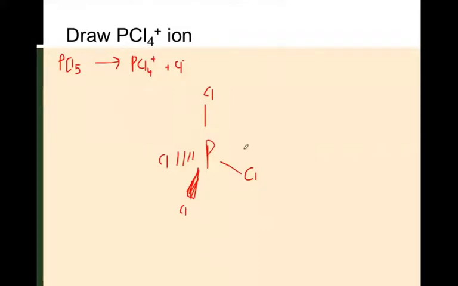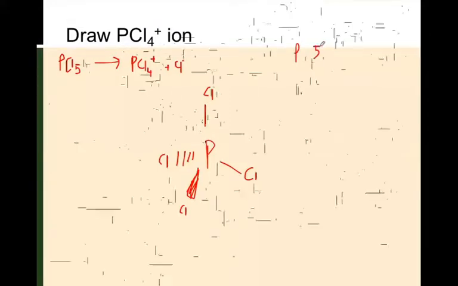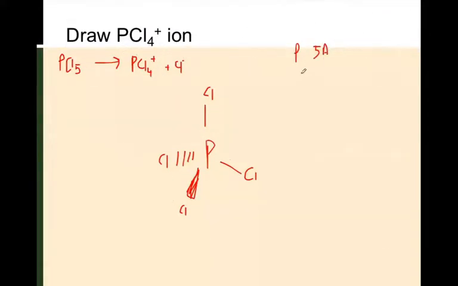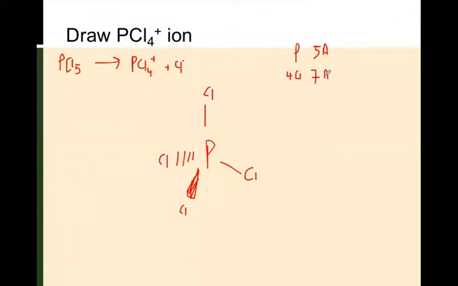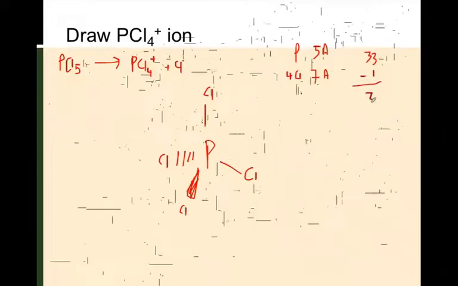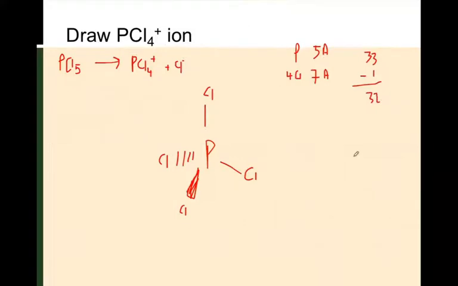But if we think about the Lewis structure here, phosphorus is still in group 5A, and then we have 4 chlorines in group 7A, so that's 7 electrons each. 5 plus 7 times 4 is 28, so we have 33 electrons, minus 1 because of the positive charge, which gives us 32 electrons.